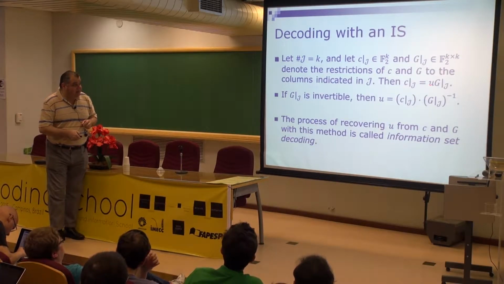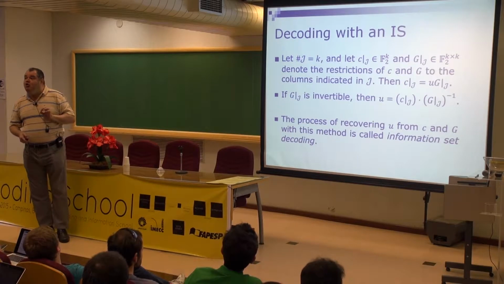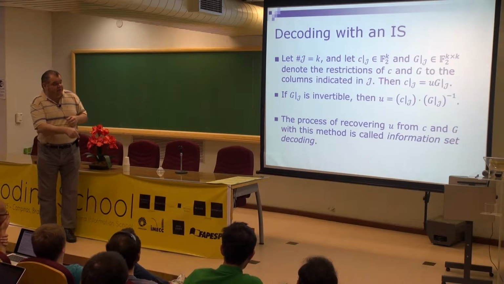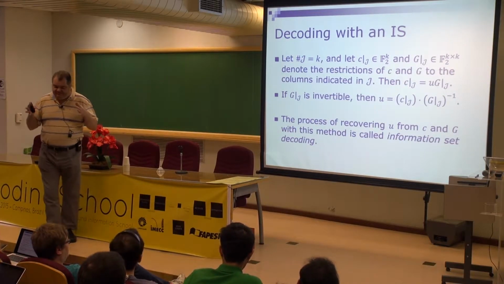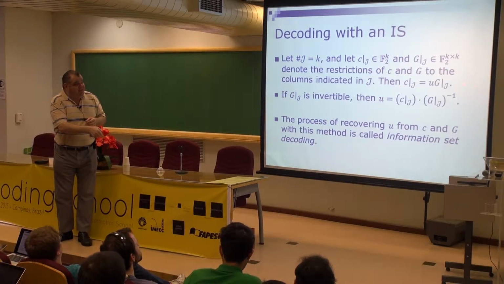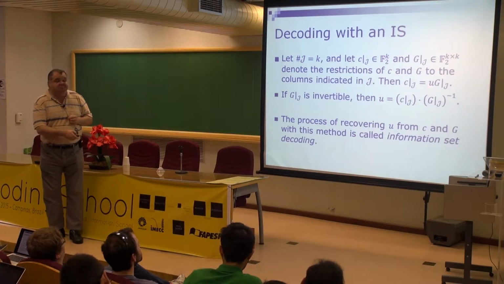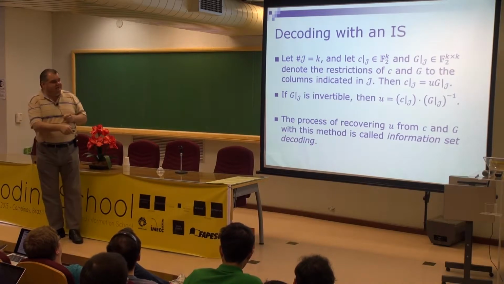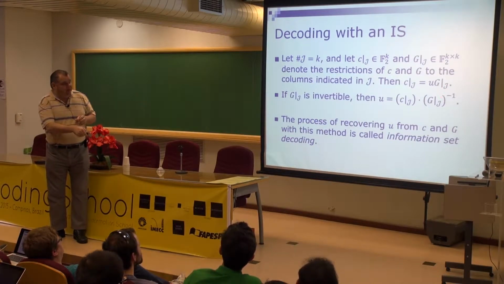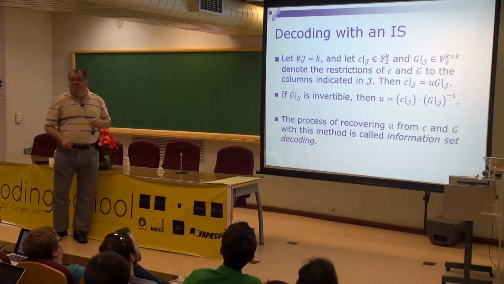And the important thing is that since we are only considering coordinates where there is no error, actually the relationship between the given code word and the shrunk generator matrix G, there is only this. There is no error term here, it's 0. And if that k by k matrix is invertible, we can recover the linear combination u by multiplying the restriction of c to J by the inverse of that matrix.